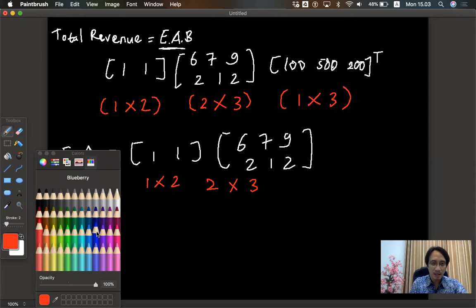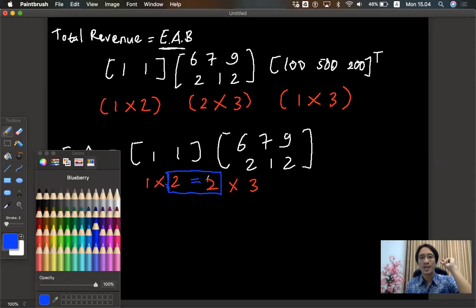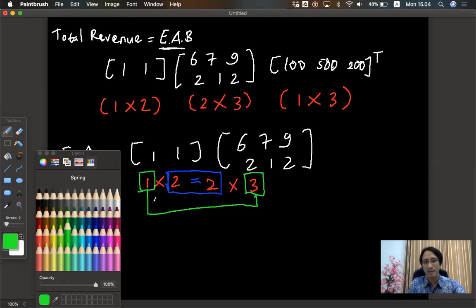See the requirement: the number of columns of the first matrix must be the same as the number of rows of the second matrix, 2 and 2. This is equal.